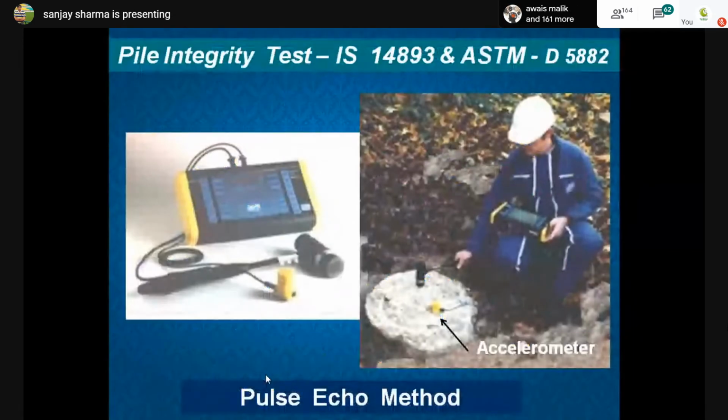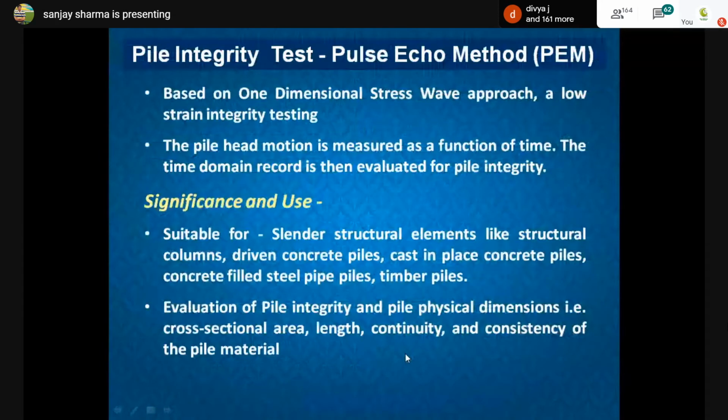This is the pulse echo test. With the hammer, on the pile cap on the pile, you give a vibration. This vibration travels down, and based on the stress wave propagation and the time of travel, you can check the integrity of the pile, how good the pile is.